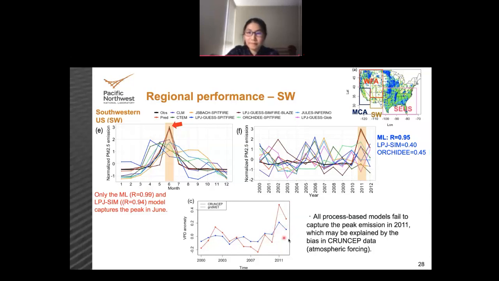So we think the reason why all the process-based models failed to simulate the peak in 2011 can probably be explained by the bias in the CRUNCEP data. So that's how we can utilize machine learning and the interpretation method to diagnose those process-based models.